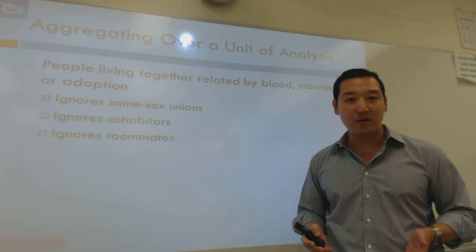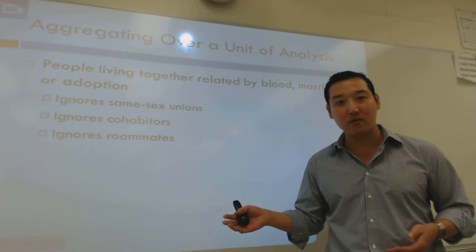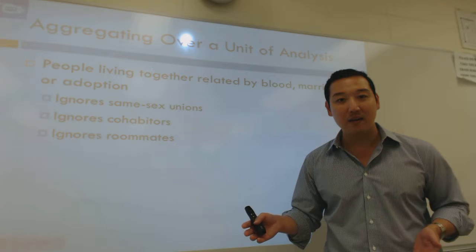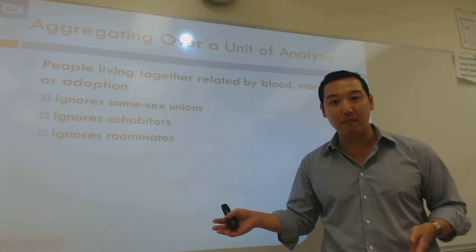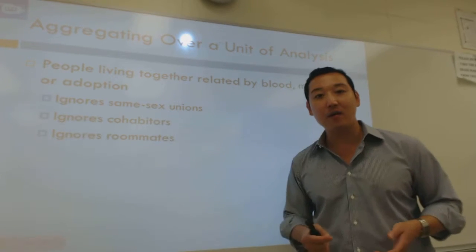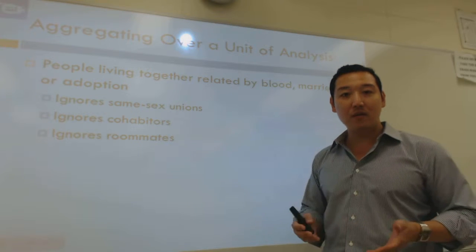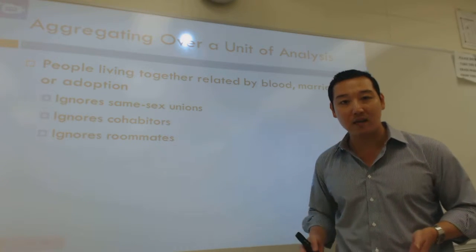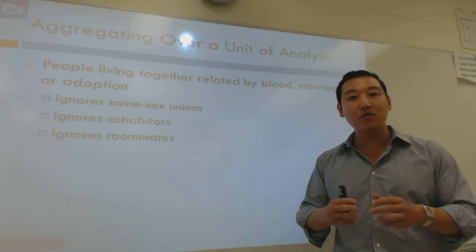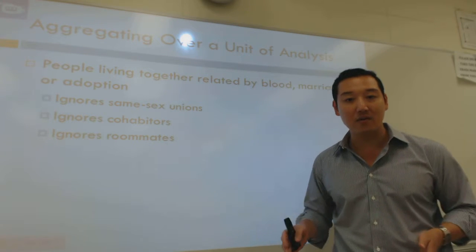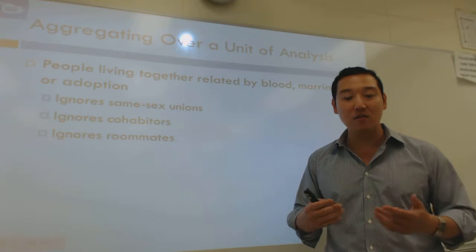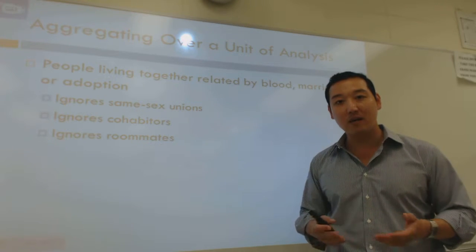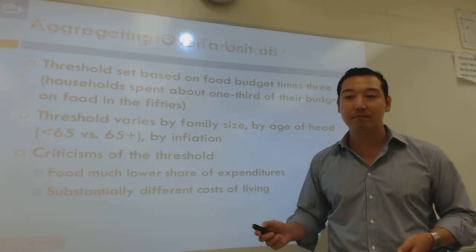If you live with your boyfriend or girlfriend, that person's resources wouldn't be counted because that's, of course, someone who's not related to you by blood, marriage, or adoption. If you're in an institution, if you're living in a dorm with roommates, if you're in some other institutional setting, if you're in a nursing home, those persons' resources aren't counted. So this is the resources of non-institutionalized populations that we're counting when we estimate poverty.